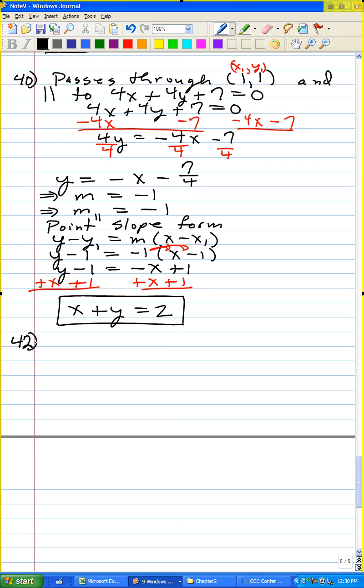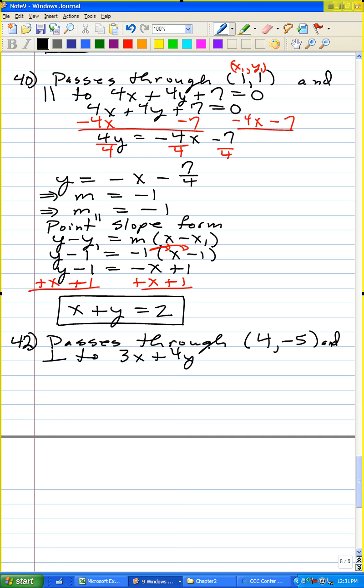Let me do problem number 42. So it passes through the point (4, -5), and it is perpendicular to the line 3x plus 4y plus 5 equals 0.